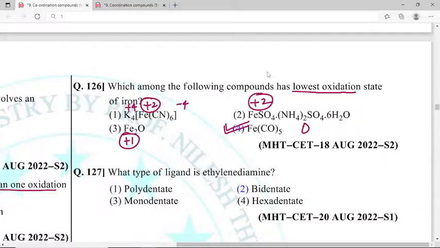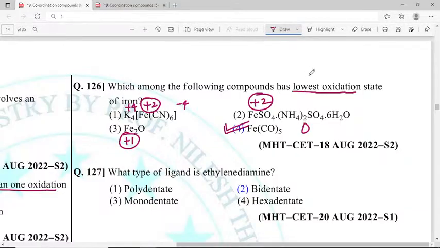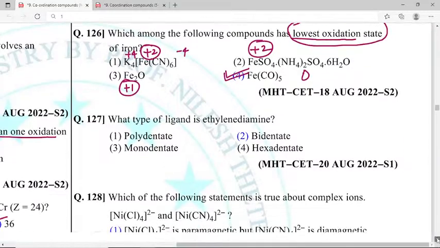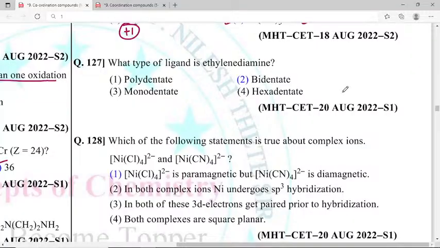So the lowest is 0, the lowest oxidation state. Okay, what type of ligand is ethylene diamine? Ethylene diamine is a bidentate ligand, also called en. En stands for ethylene diamine.